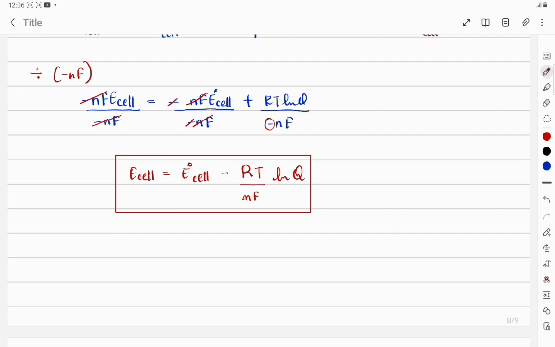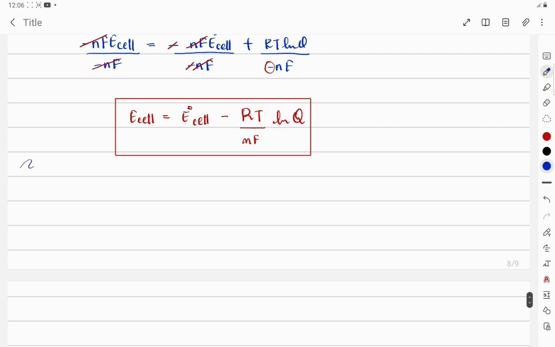Hope all the terms are very familiar to you already. Now, if I consider this under standard conditions, or just at 298 Kelvin, that means I can substitute for the temperature as 298 Kelvin. And Faraday, I already know the value, F is equal to 96500 coulombs.